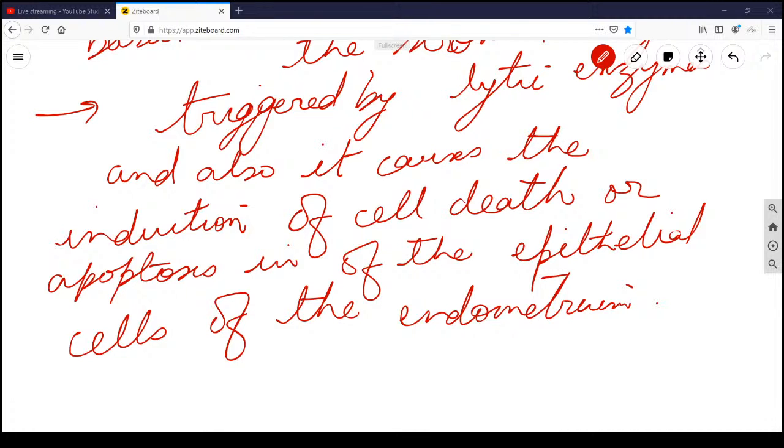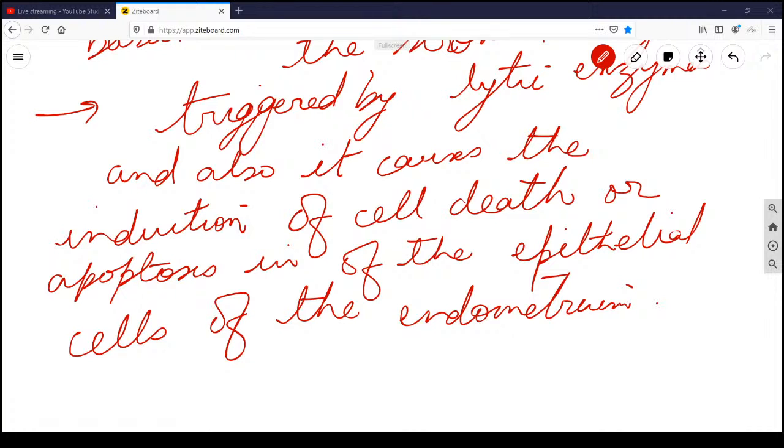So the thing is, after the embryo has implanted, we have now completed the implantation process. After implantation, the cells of the inner cell mass diverge into two distinct lineages.